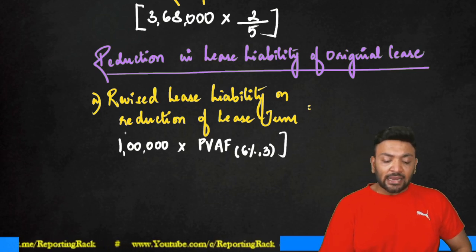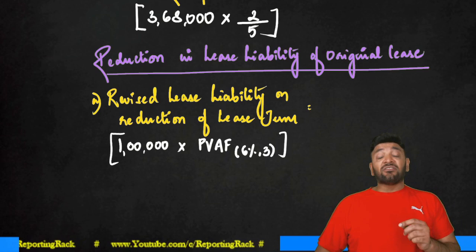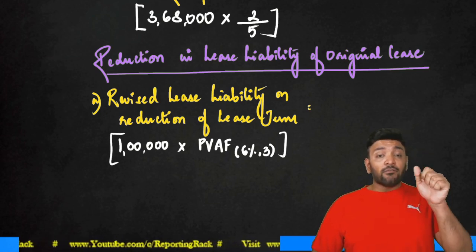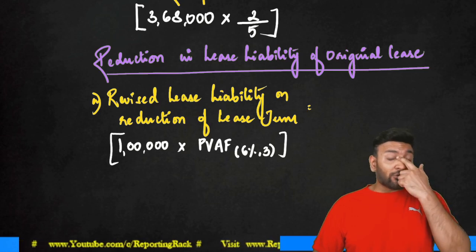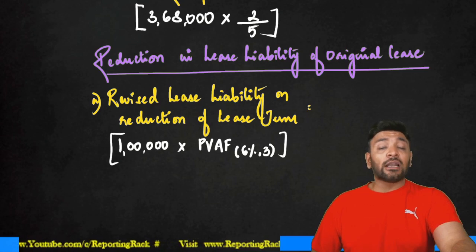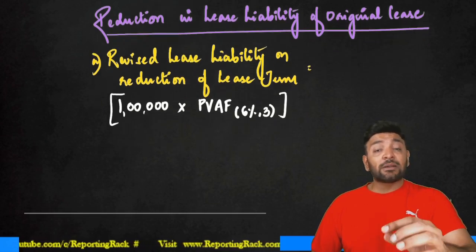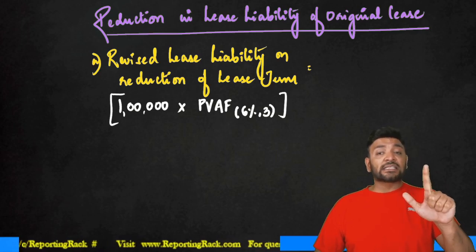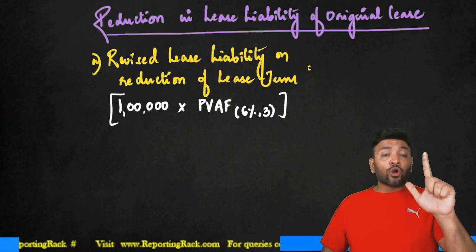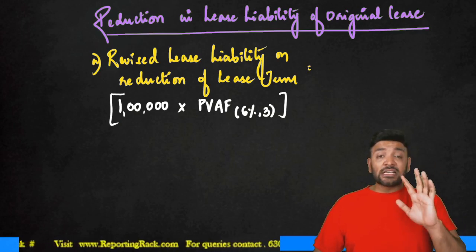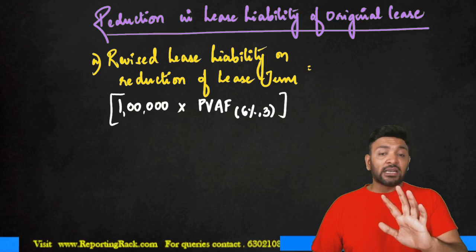I am not taking a revised discount rate because a revised discount rate is only considered in 2 circumstances: when it is reasonably certain that the lessee will extend the lease term, or when it is reasonably certain that the lessee will exercise the option to purchase the leased asset at the end of the lease term. Only in these 2 situations I'll take a revised discount rate. Here none of these things happened. It's only a reduction in lease term.